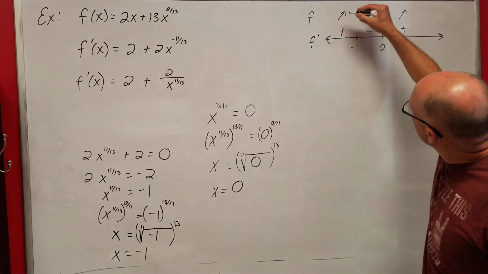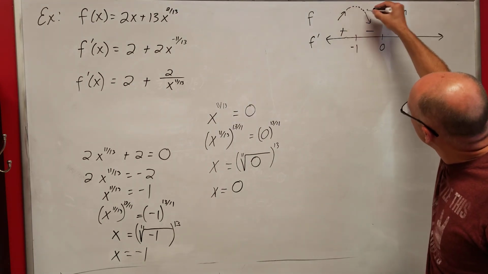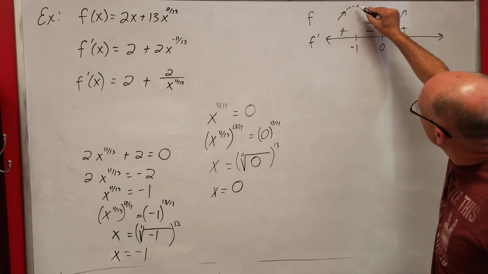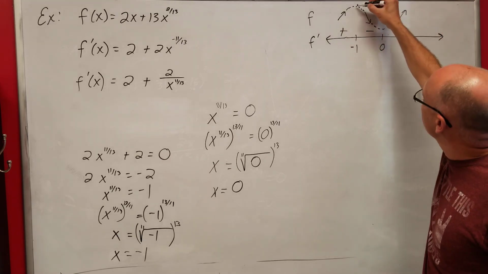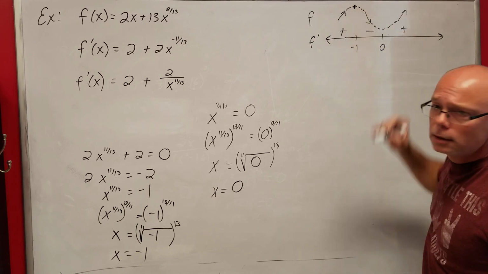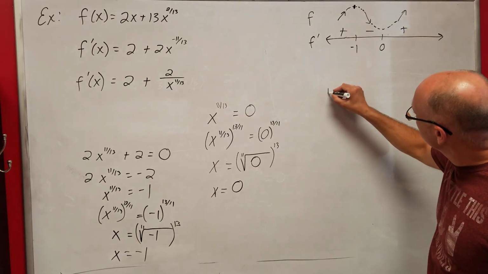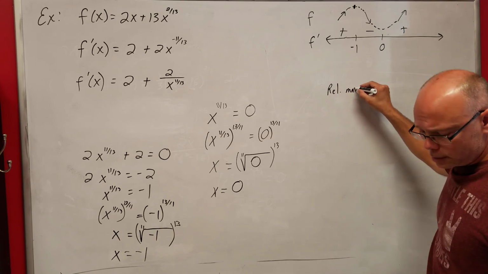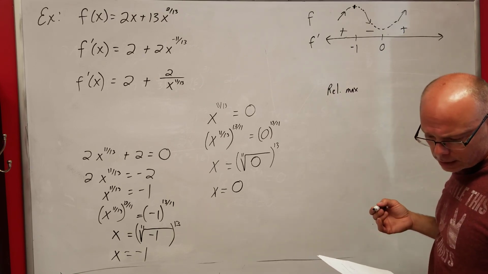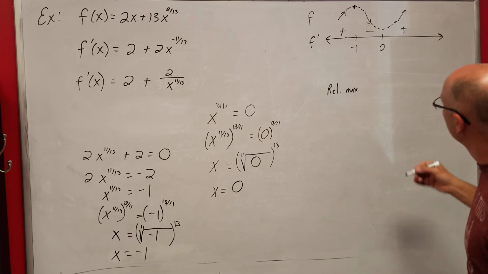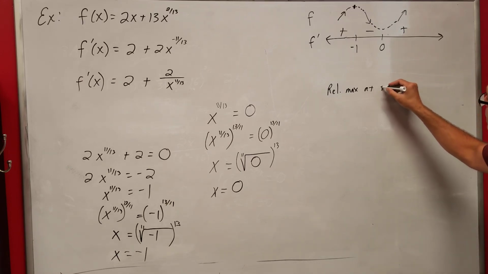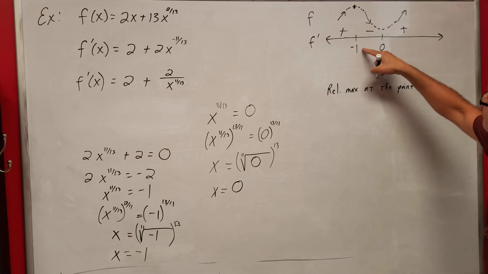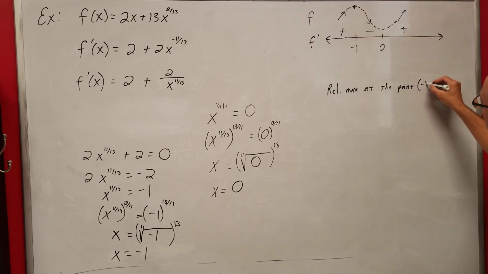So think about this for a second. What happens here with my function? If it goes from increasing to decreasing, I'm going to have a what up here? A relative max, right? So I have a relative max. Let me see how we said to list it. List your answers in ordered pair here. Relative max at the point -1, what?